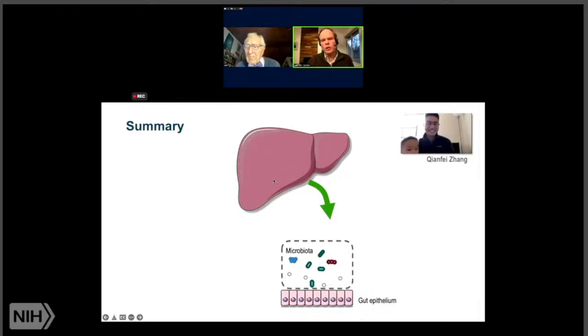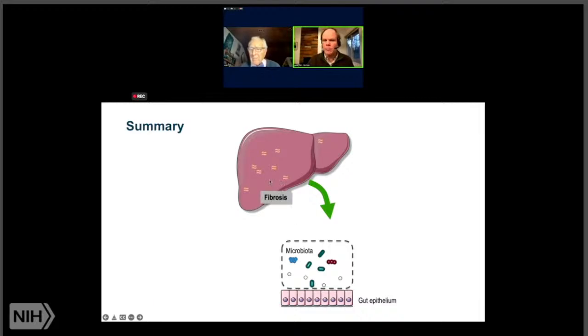So under normal conditions, shown here, there is a normal composition of the microbiota, but once, through whatever mechanism, you change the liver and induce fibrosis, this will basically change bile acids and cause other changes that will lead to dysbiosis and a change in the composition of the microbiota.